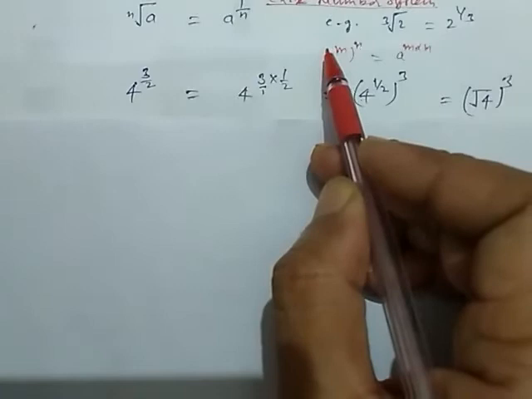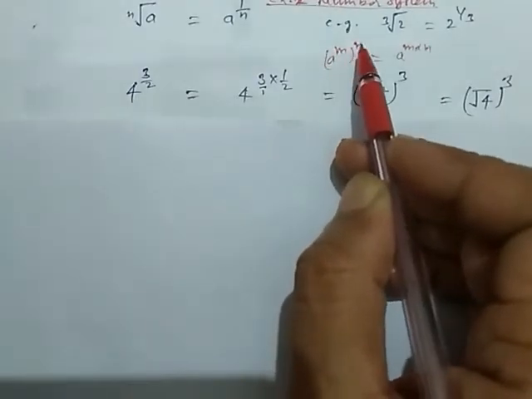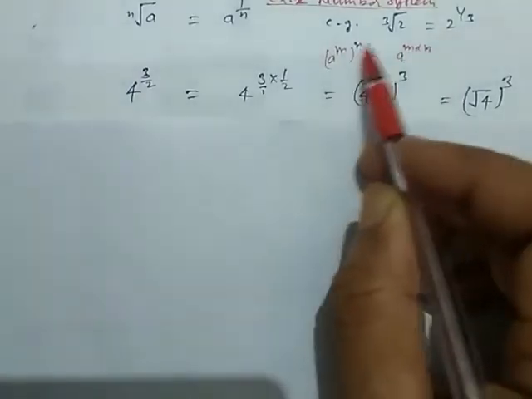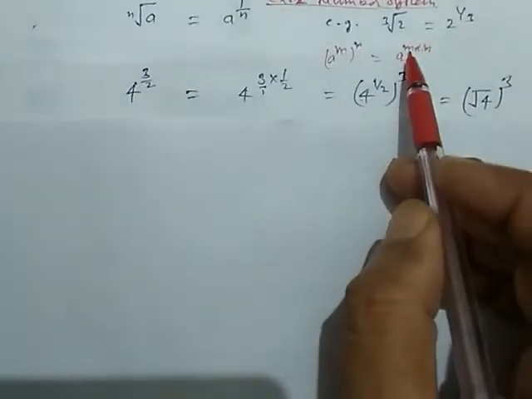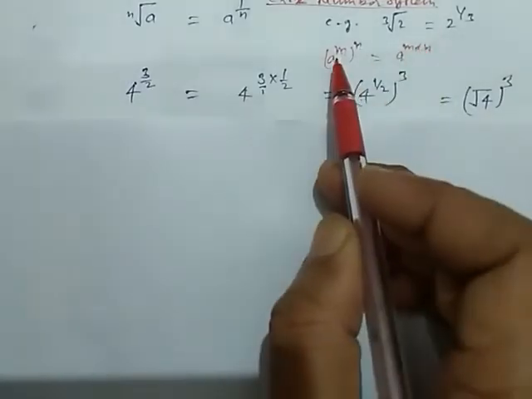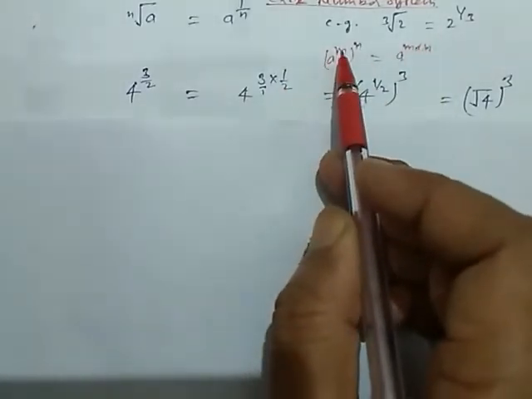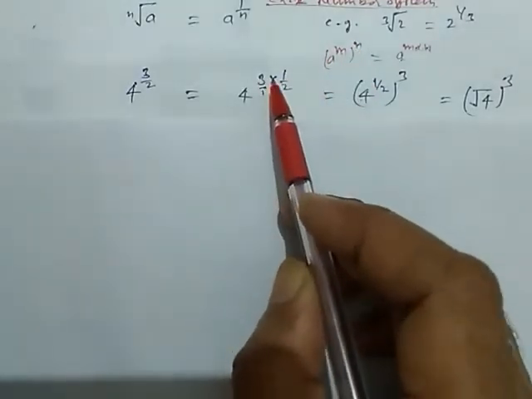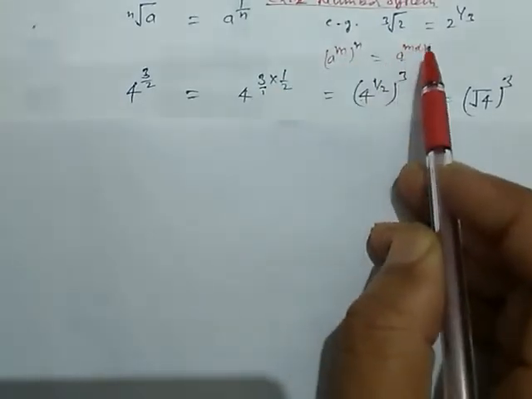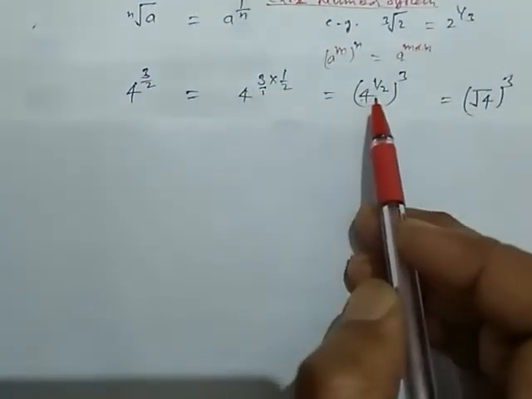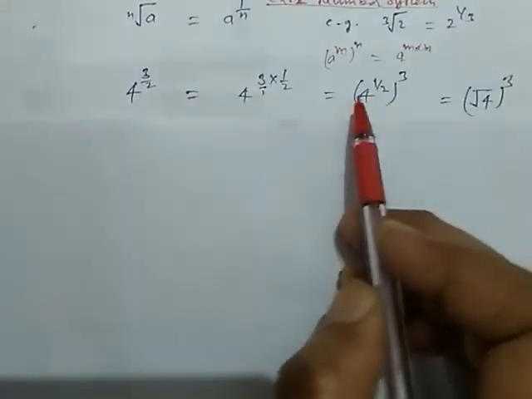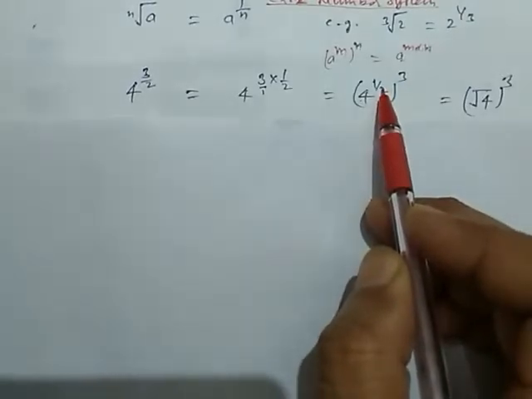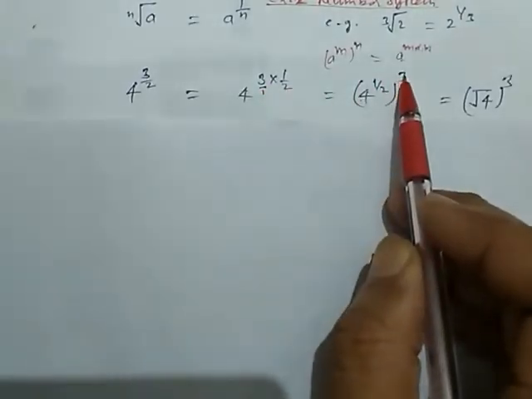When we have a to the power m whole power n, we convert this to a power m into n. The powers are multiplying. But if we have powers multiplying, we can write them as a power m whole power n. Here this 3 into half is like m and n. This is m, this is n. So we can make it like this: one of these powers we put on the inner side and the other on the outer side.